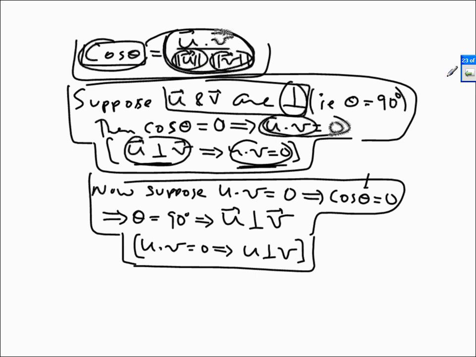If the dot product is 0, then u and v are perpendicular. So we have this theorem. u dot v is 0 if and only if vectors u and v are perpendicular to one another.